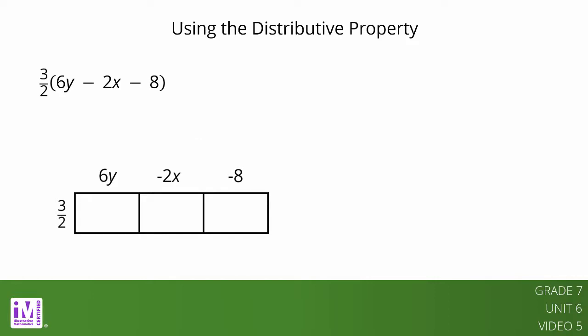We multiply 3/2 by each term across the top. Then we reassemble the parts to get the overall product.